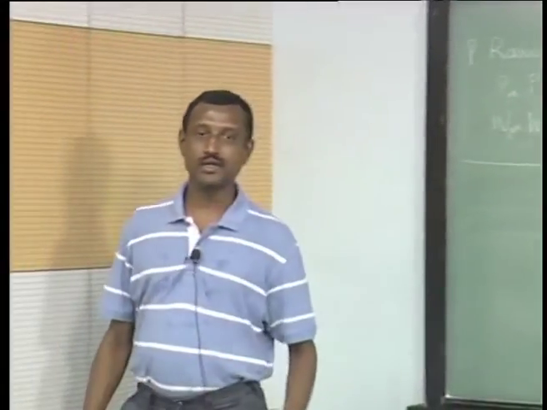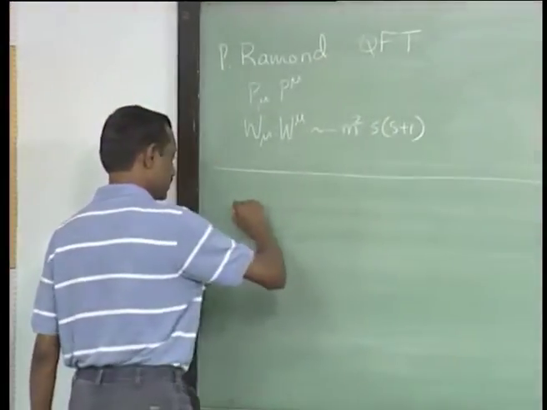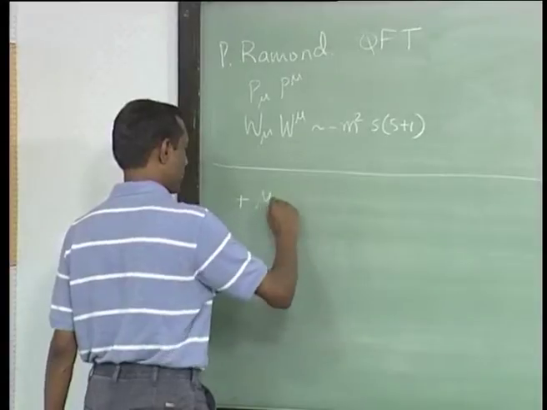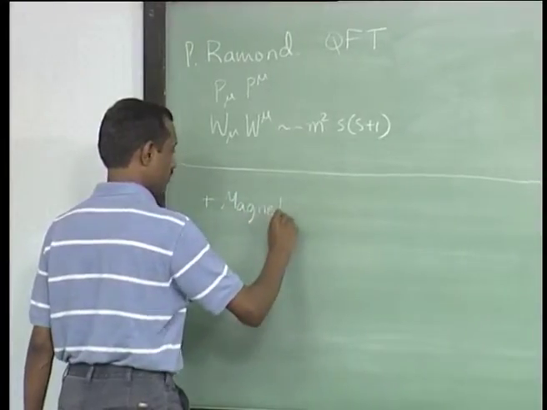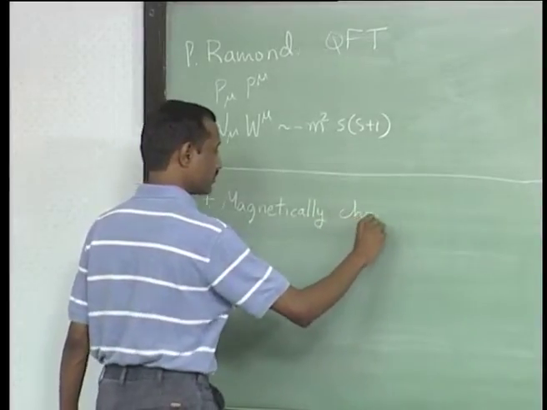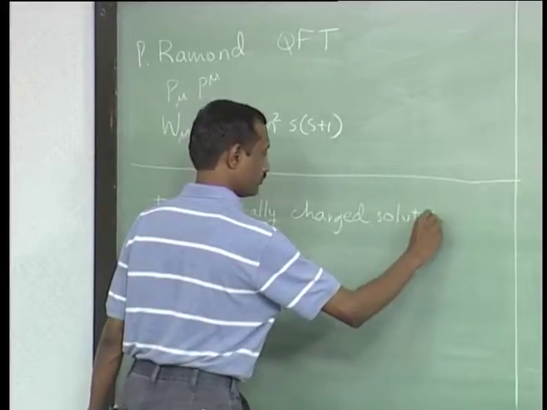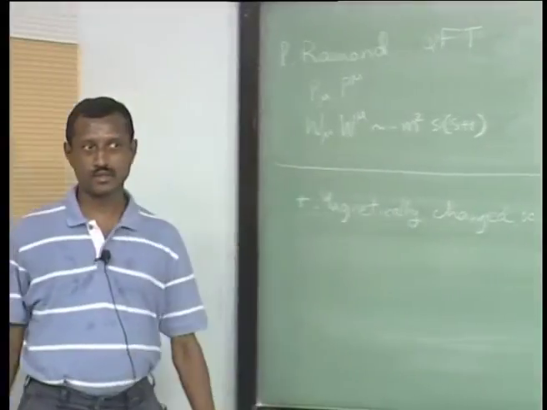So, now what I am going to do is go back to discussing classical solutions. What we will discuss in the next two lectures is magnetically charged solutions, okay. And I have already given you two assignments on this.